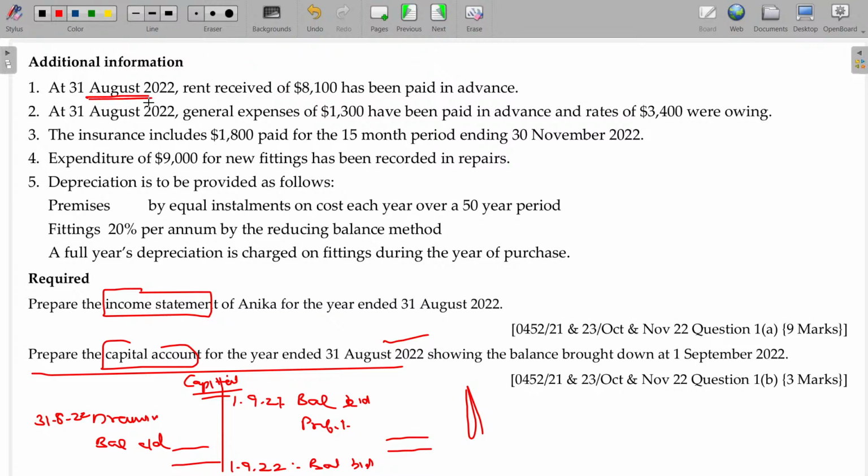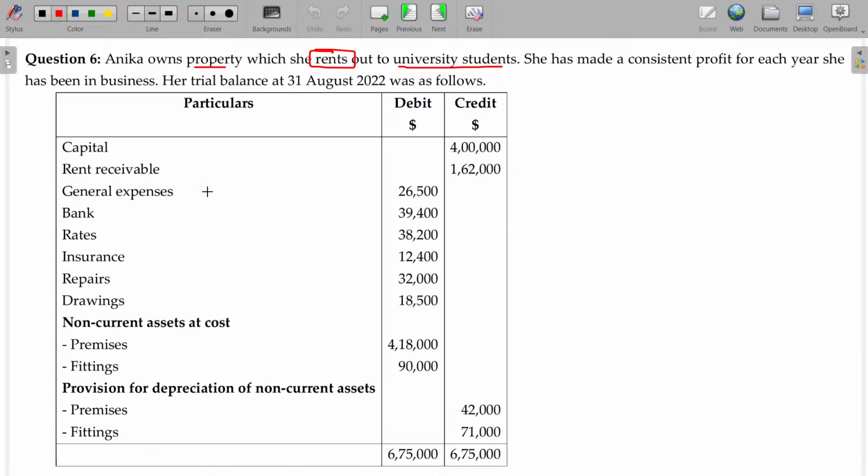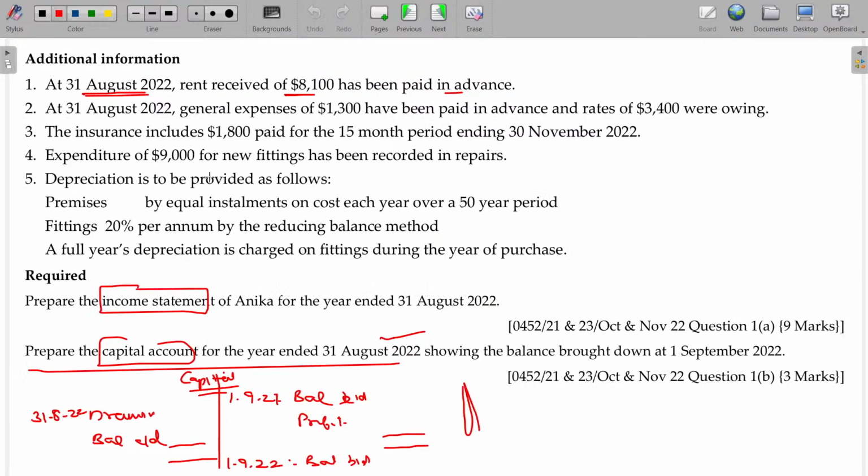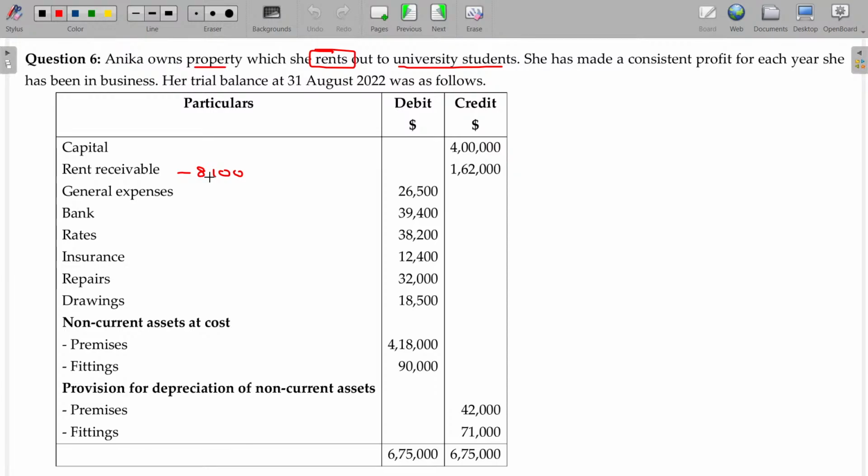At 31st August 22, rent received 8,100 has been paid in advance. There is an advance rent. So you have to subtract from the rent receivable, 8,100. See, they have asked only the income statement. Anyhow, I may work out the financial position statement also in this illustration, though it is not asked, for your better understanding.